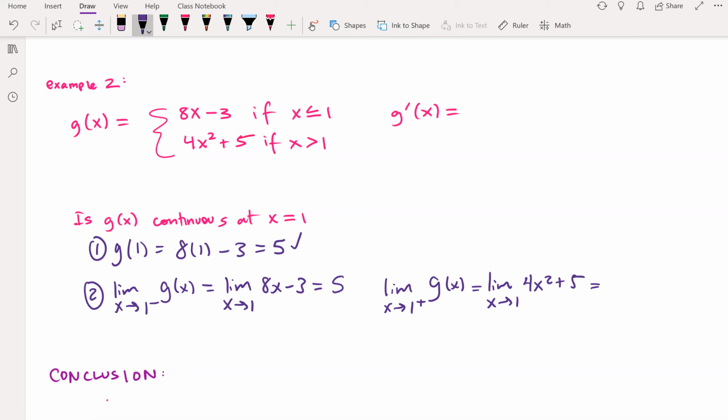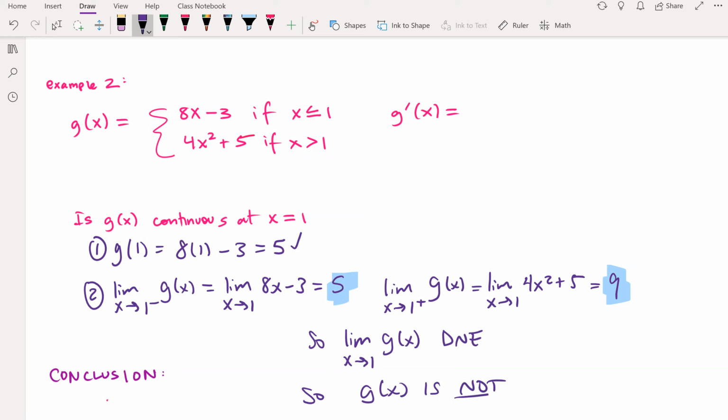If we plug in 1, we get 4 times 1 plus 5. That's 9. Uh-oh, check it out. These limits don't equal each other. So the limit as x approaches 1 of g of x does not exist. So g of x is not continuous.